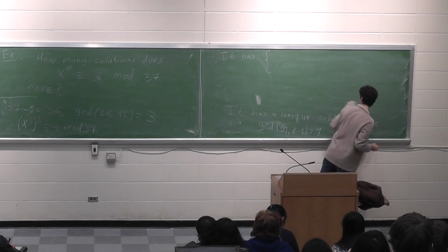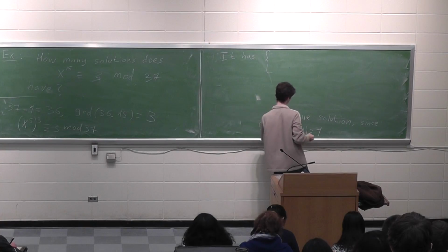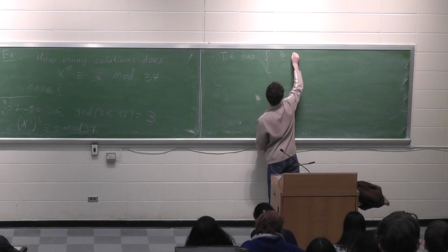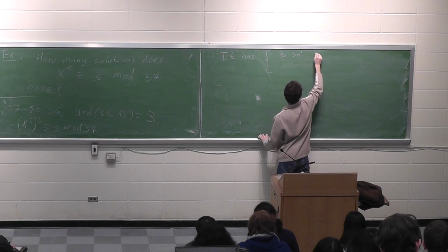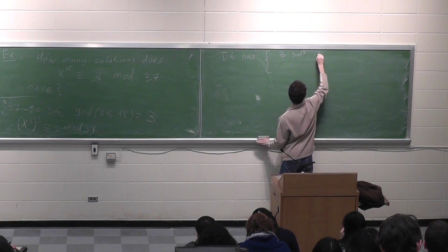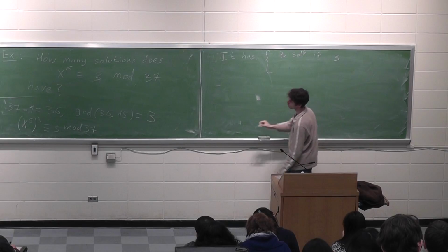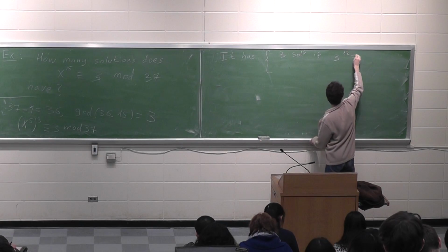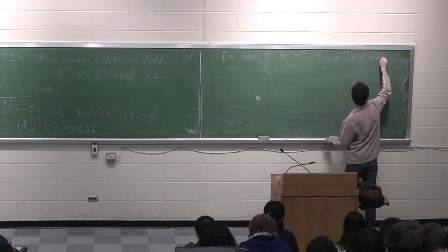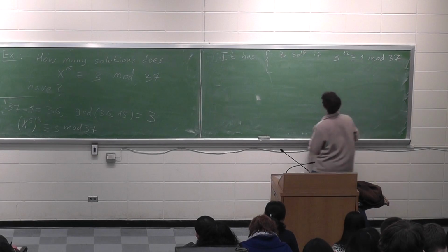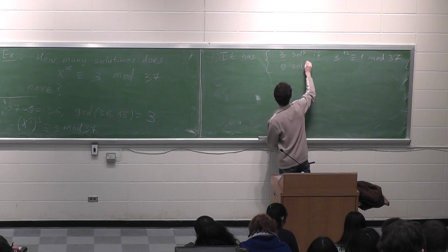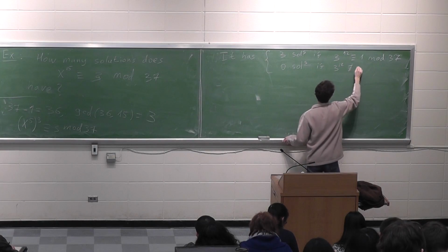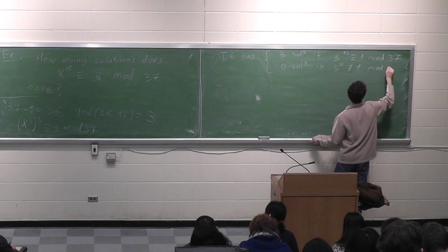Let me write down the full result. It has 3 solutions if 3 to the power of 12 is congruent to 1 modulo 37, and it has 0 solutions if 3 to the power 12 is not congruent to 1 modulo 37.